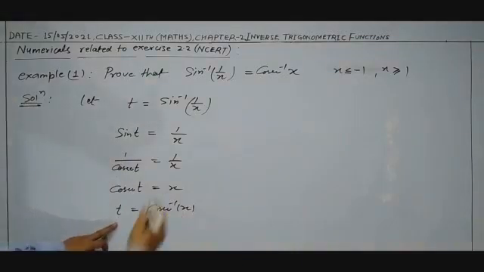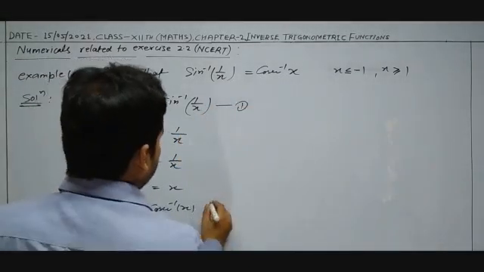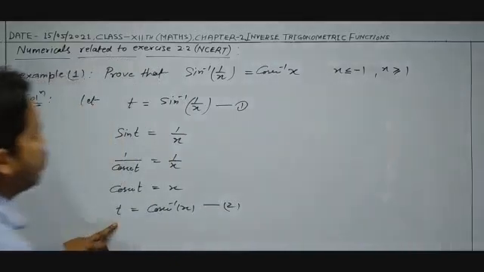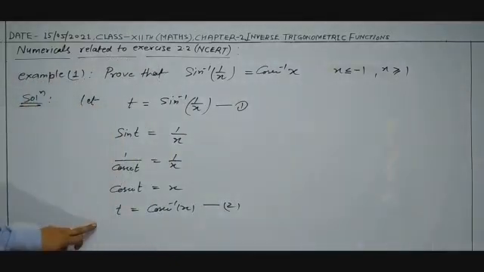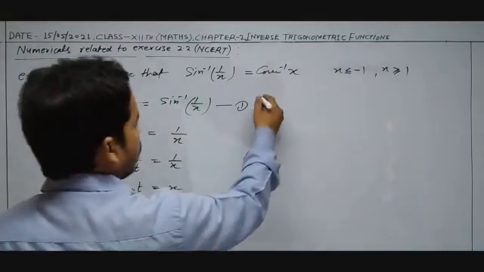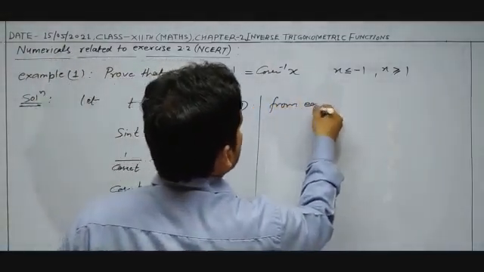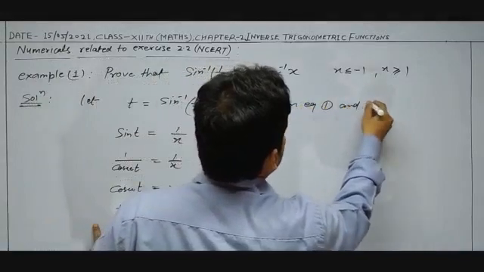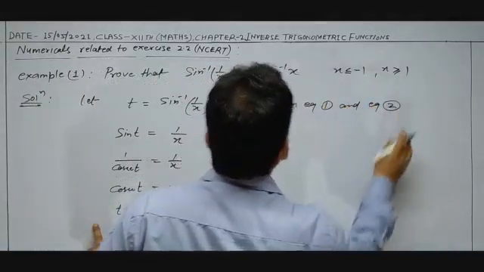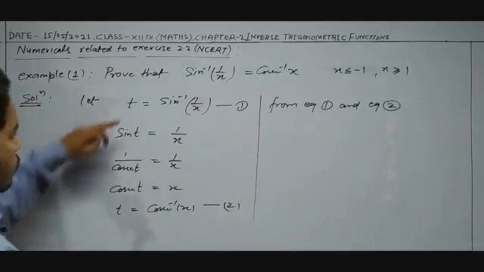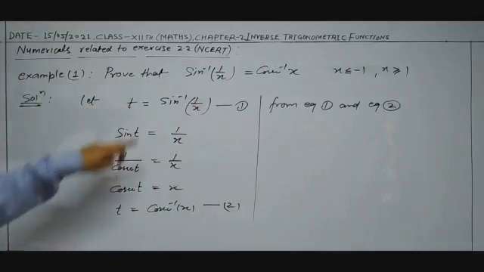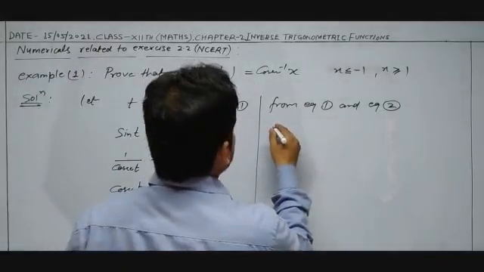Consider equation 1 and equation 2. From equation 1 and from equation 2, left hand side is equal, so right hand side is also equal.